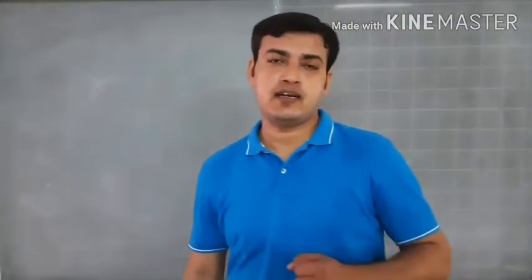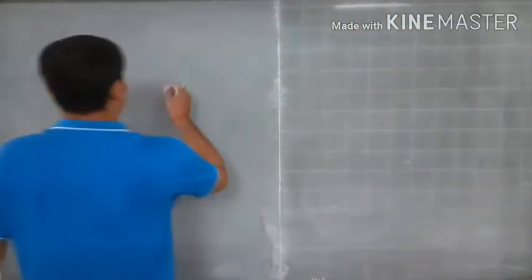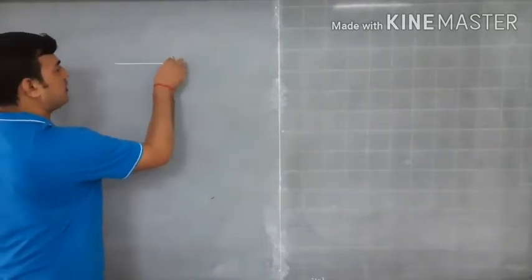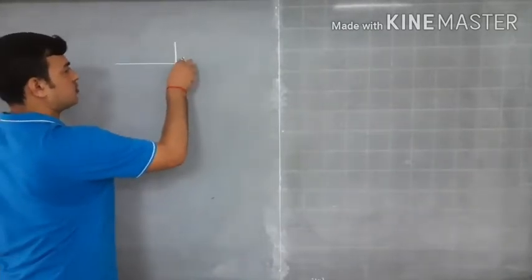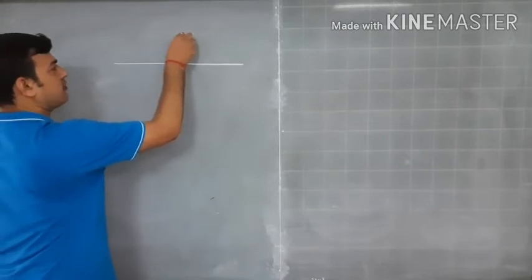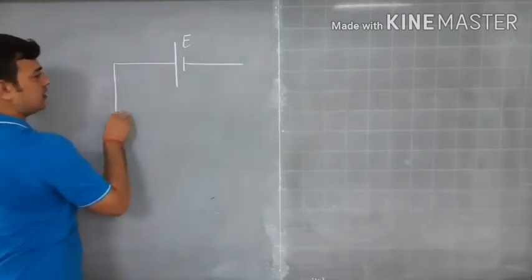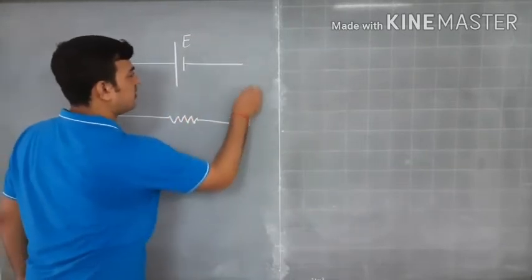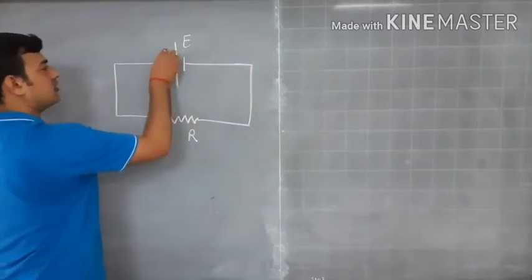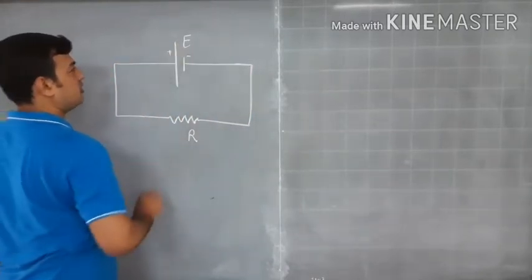We can understand this situation like this: suppose it is a circuit and this is a source of EMF, and the EMF of this cell is E, connected with a resistance R. This is the positive potential, this is the negative potential.